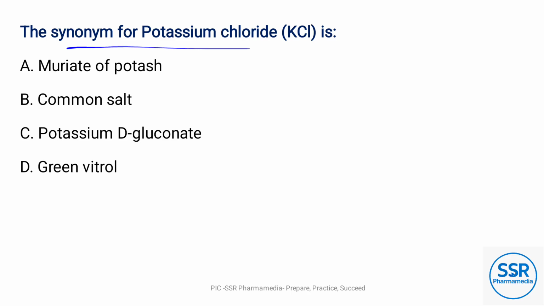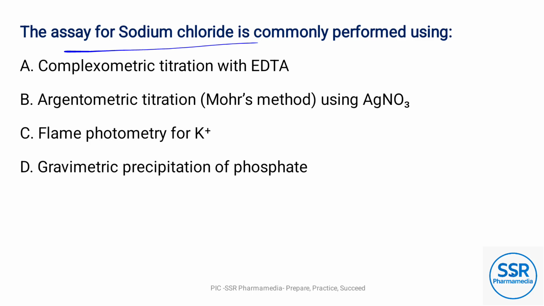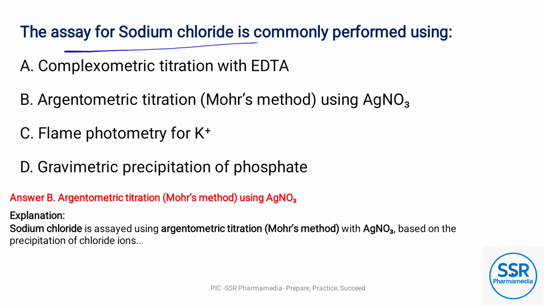The synonym for potassium chloride is, option A, muriate of potash. The assay of sodium chloride is commonly performed using, option B, argentometric titration, the Mohr method using AgNO3.